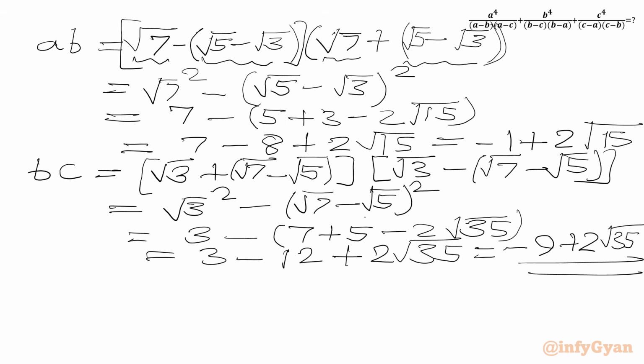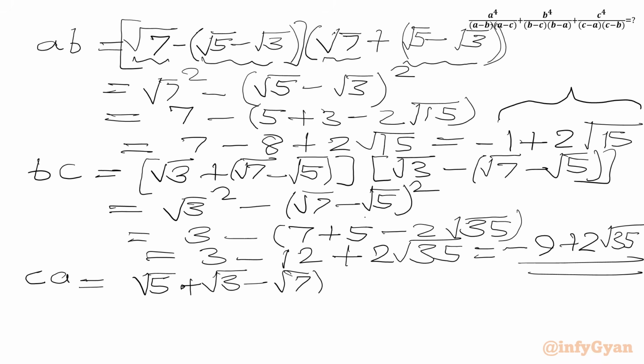So we have BC here, we have AB here. Now we will target CA. So we can write C as square root 5 plus square root 3 minus square root 7. This is C, and A will be written as square root 5 minus square root 3 minus square root 7, so that we can apply the difference of two squares identity.